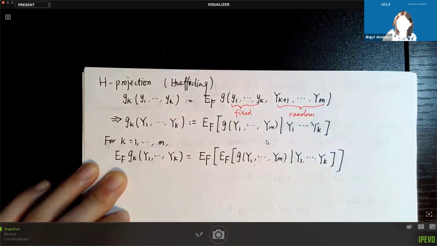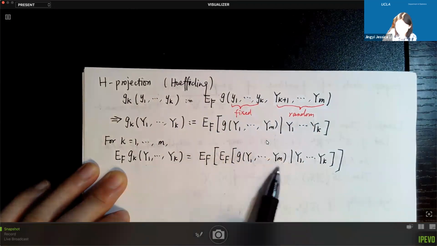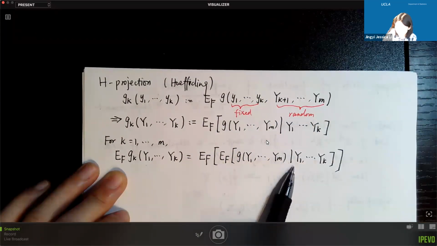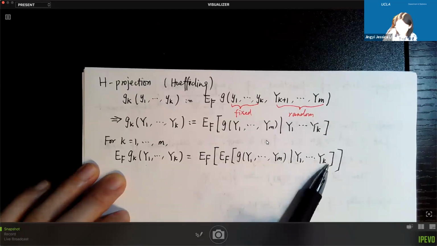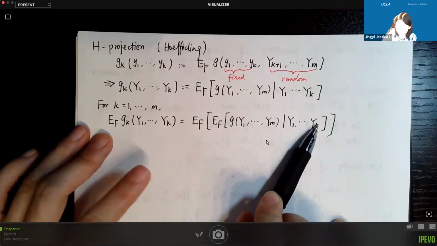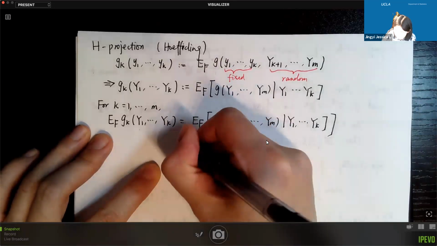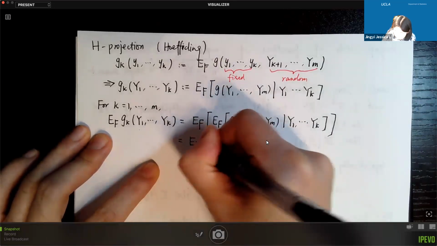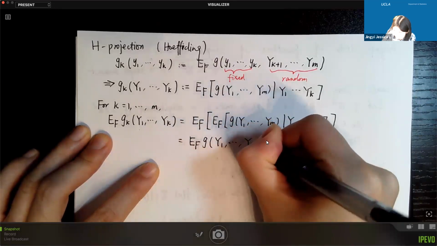The inner layer is the expectation for yk plus 1 to ym, and the outer expectation is for y1 to yk. From probability, these two layers give just the expectation of g of y1 to ym.